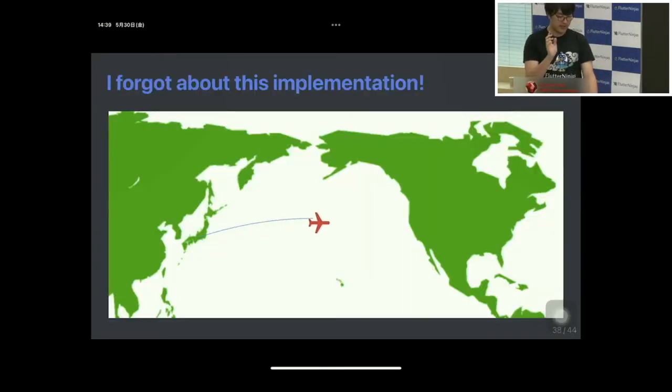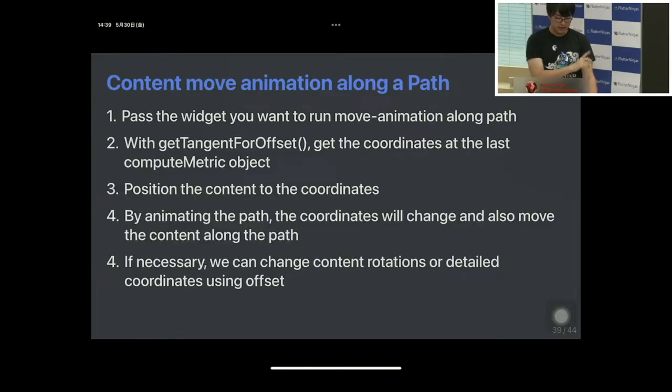Oh, wait, I almost forgot to show this file root animation. This is another example of path animation. We can also move content along the path, not just draw the path itself.